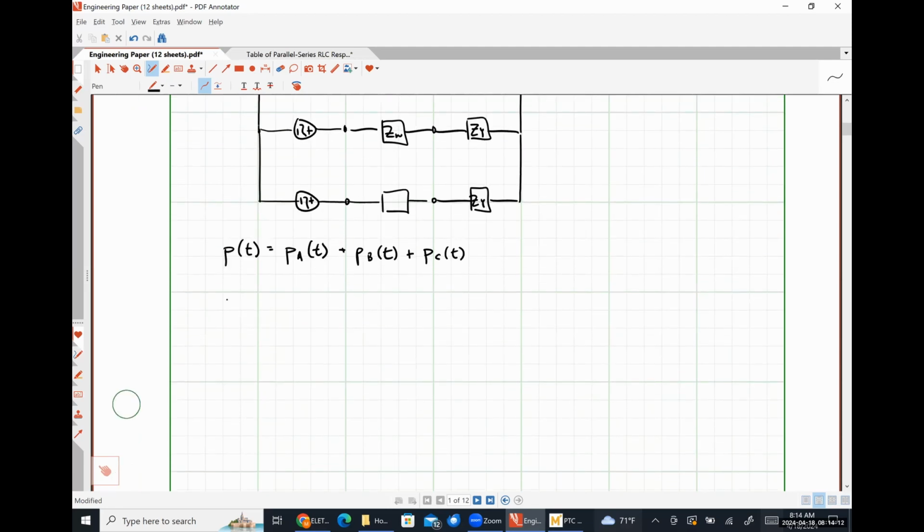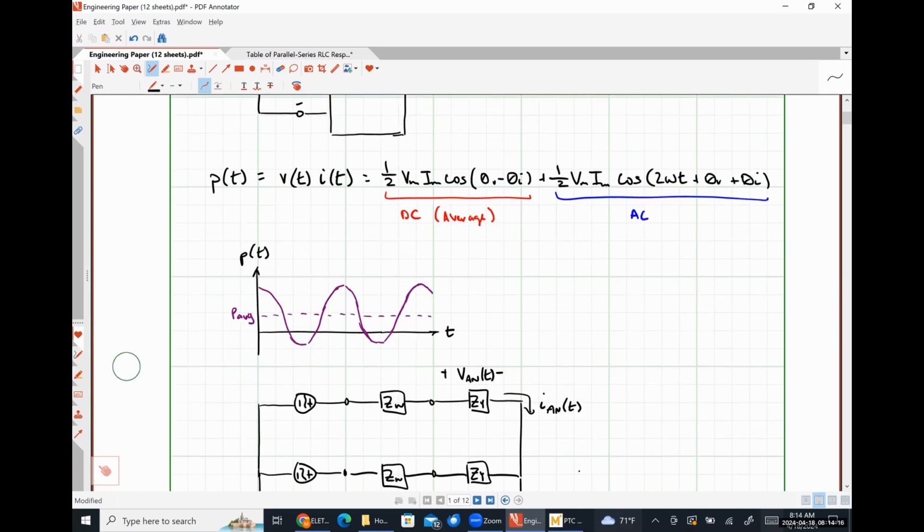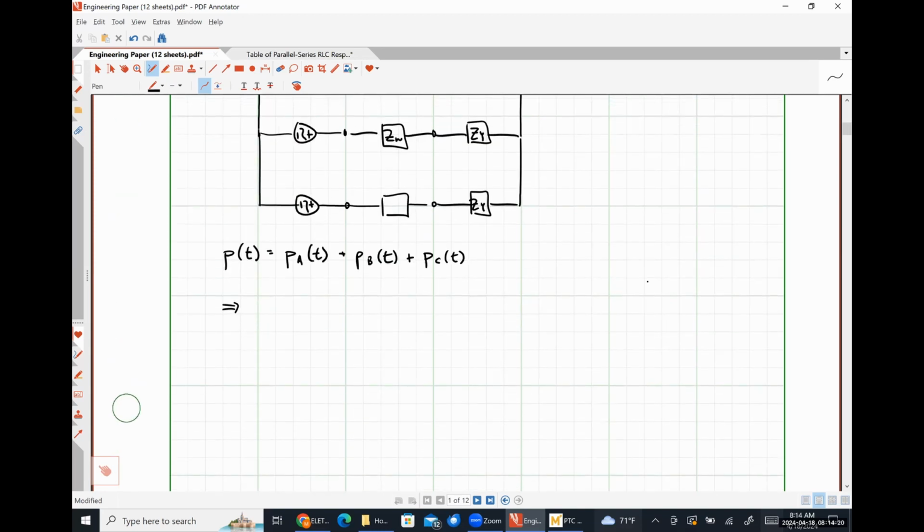So we could say, based on what I have up here for my single phase instantaneous power, PA is going to look something like 1/2 Vm Im cosine(theta VA minus theta IA) plus 1/2 Vm Im cosine(twice omega t plus theta VA plus theta IA).